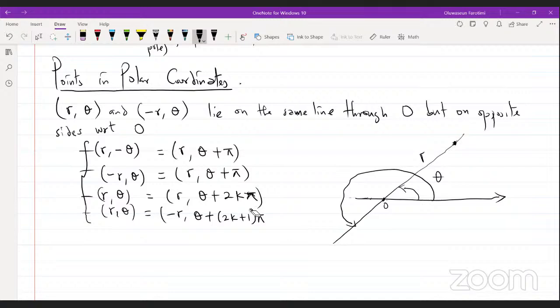Now take a look at this part. Suppose I have a similar point here. The distance between the origin and this point is going to be negative r, because it's on the opposite side. Now, how do I refer to this point? This is r, theta. What about this point? This is negative r, theta.